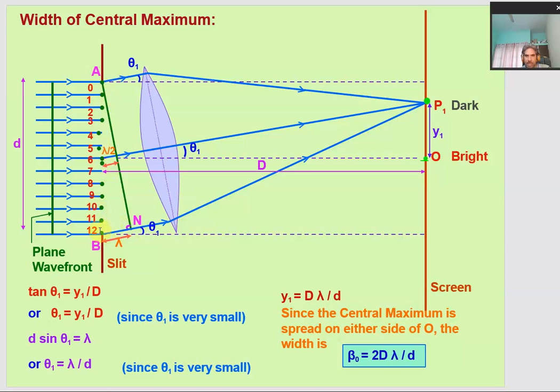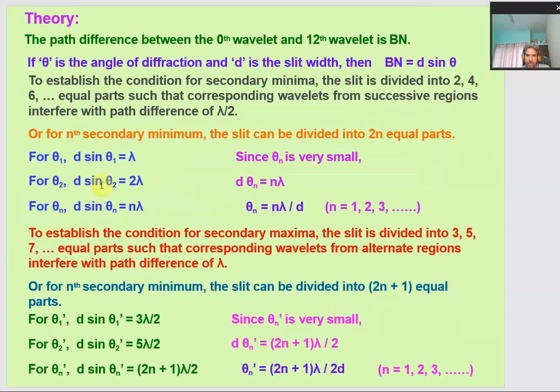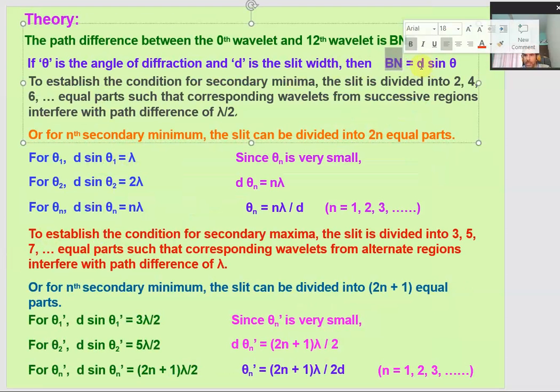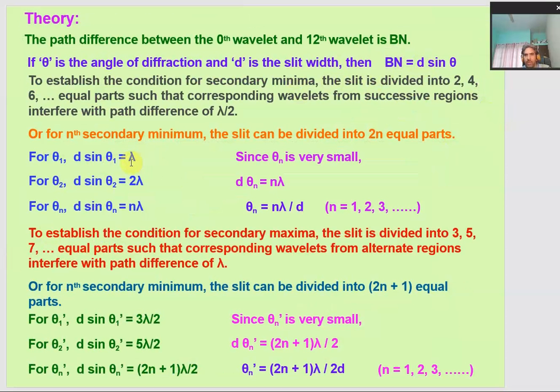Then we considered that if this path difference Bn, which is given by d sin theta, is equal to 1 wavelength, 2 wavelength, or 3 wavelength, or in general n times the wavelength, then on the screen at every such point we will receive a dark fringe or secondary minima. All those points which have this path difference will have the secondary minima on the screen.